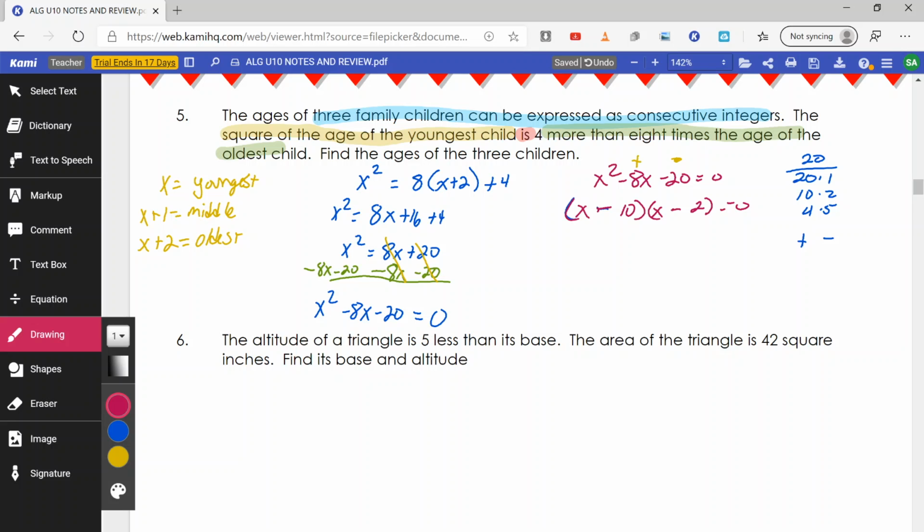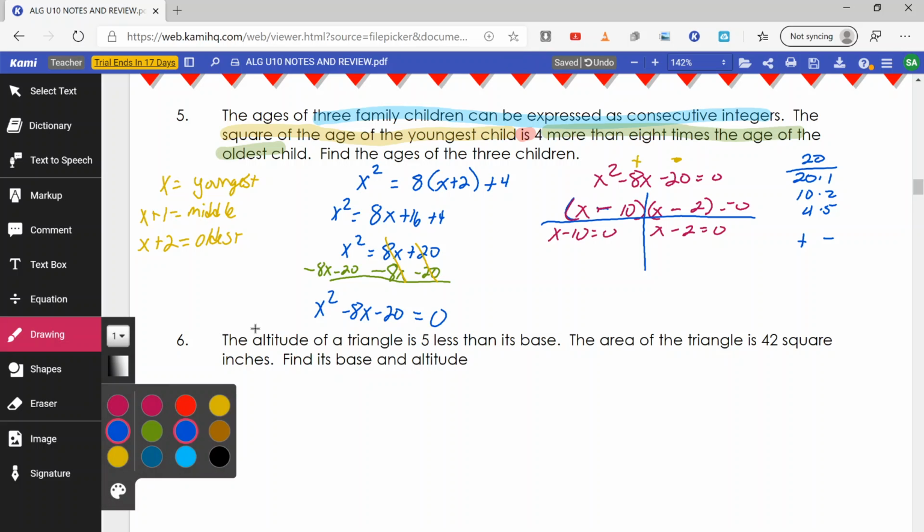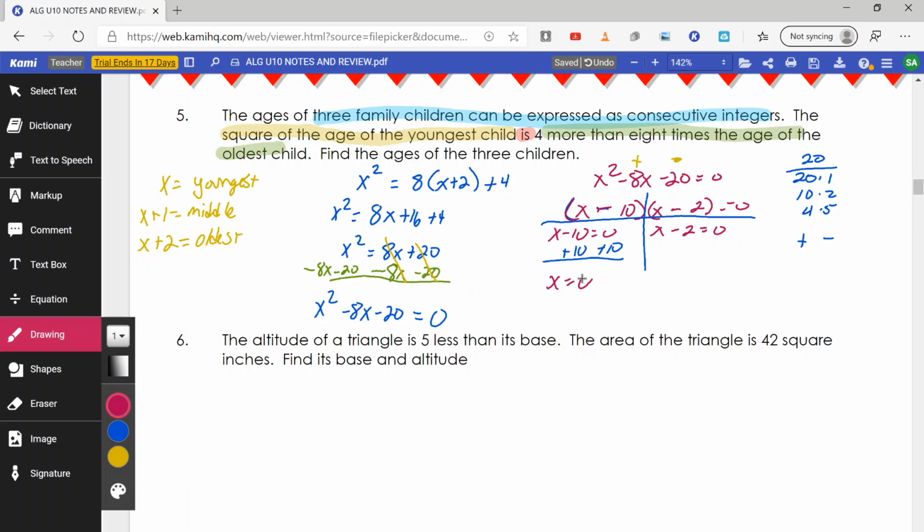Here we separate into a t-chart. We get x minus 10 equals 0, and x minus 2 equals 0. Solve for x: we add 10, so x equals 10. Over here, we add 2 to both sides, so x equals 2.